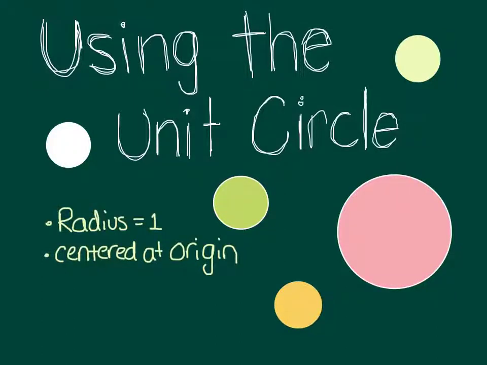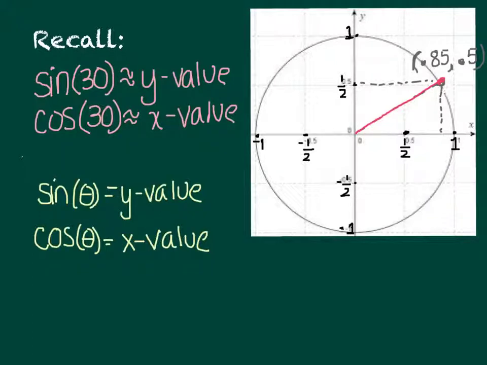This video is going to discuss how to use the unit circle to find exact values of our trig ratios. Recall the activity we did where we estimated the x and y values of the location where the angle met the circumference.